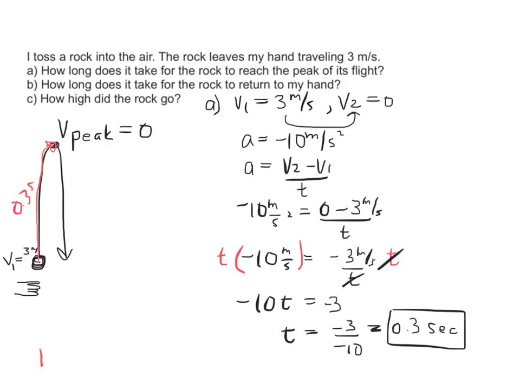For question B, I'm asking you, how long does it take until the rock is back in my hand? So that means, how long does it take for the rock to go up and then come back down? Because I'm assuming the rock lands at the same height that it was released from, the path is symmetrical, or the time to go up will equal the time to fall down.